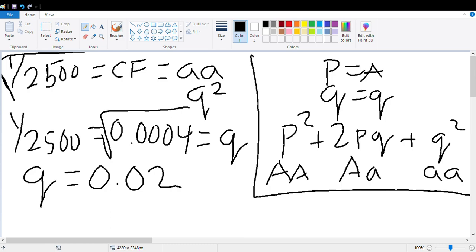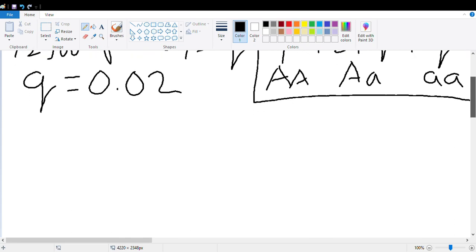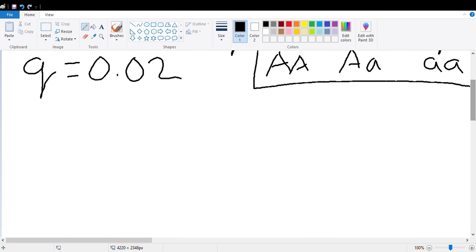So you could be given different questions about this. Let's say you're asked how many alleles are recessive. You know that Q is 0.02. You multiply that times 5,000 alleles, because every person has 2 alleles, because they're diploid.